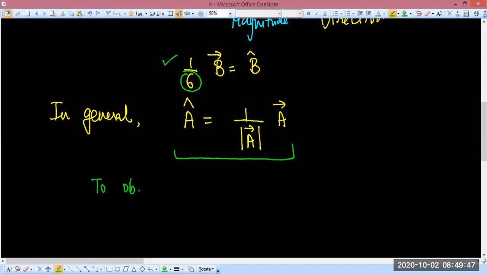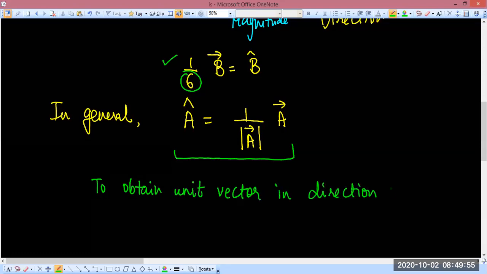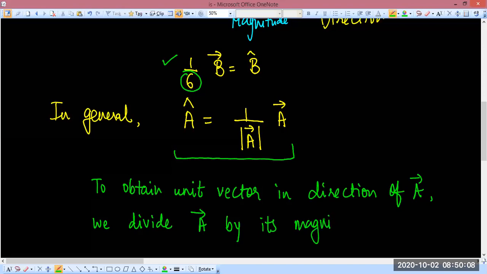To obtain unit vector in direction of a vector, we divide a vector by its own magnitude, right? Do you understand this sentence?